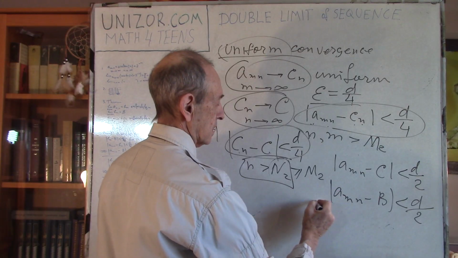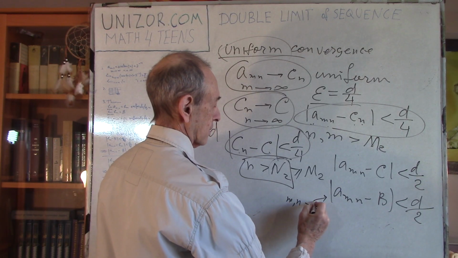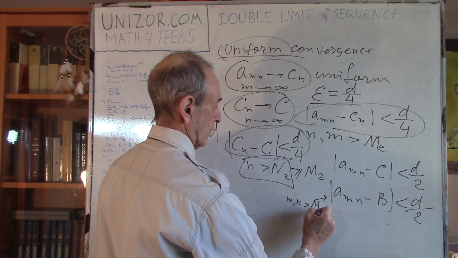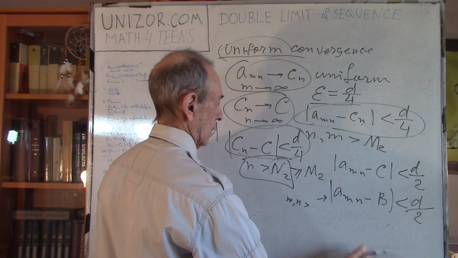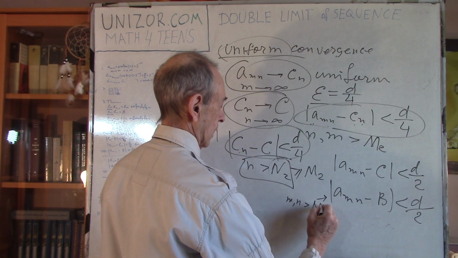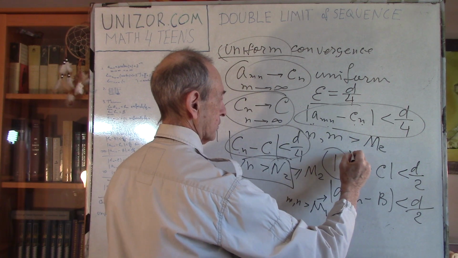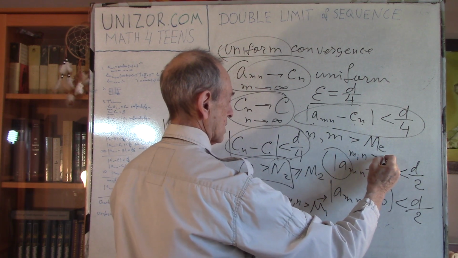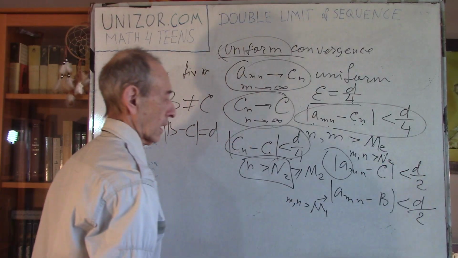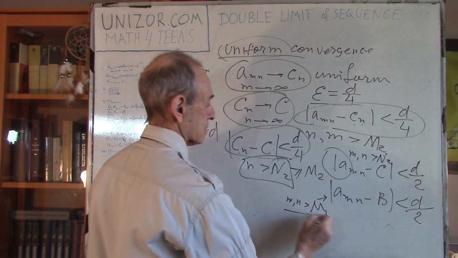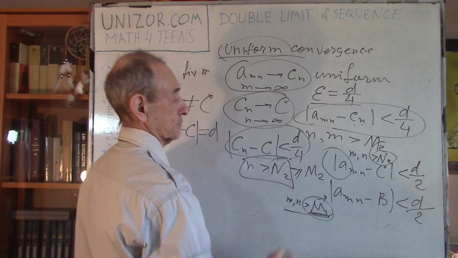Now this is, if you remember, if m, n greater than N1, I don't remember if it was M or N, doesn't really matter. Yeah, N1, M1. And this one is if m and n are greater than N2. So if I take the maximum between M1 and N2, both will be true.